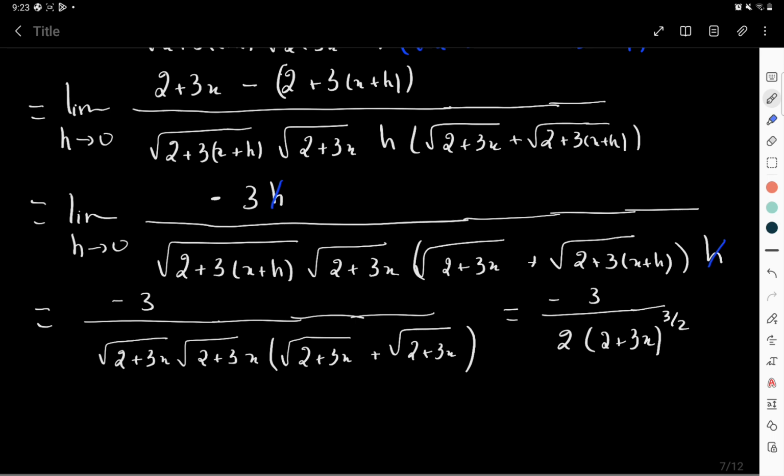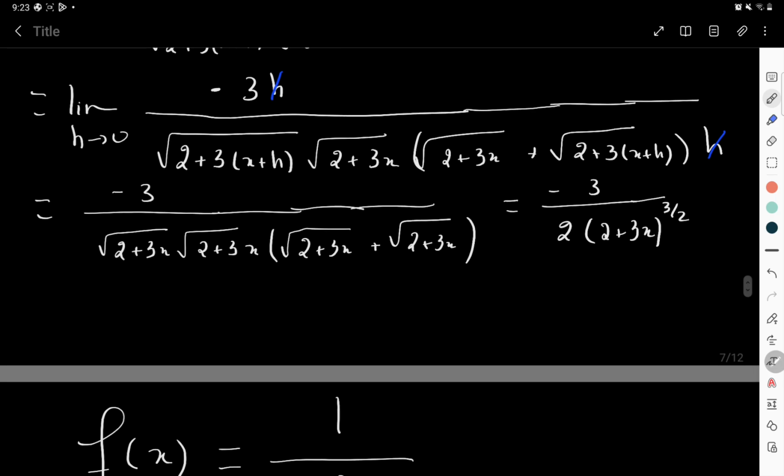So let's see, right? f of x is 2 plus 3x to the minus 1/2, right? So you get, yeah, okay. Awesome. So if f of x is 2 plus 3x to the minus 1/2, then f is differentiable.